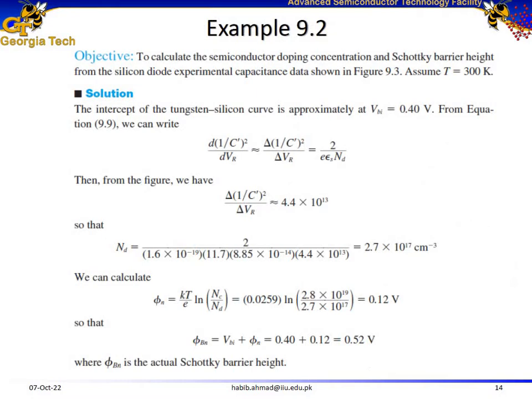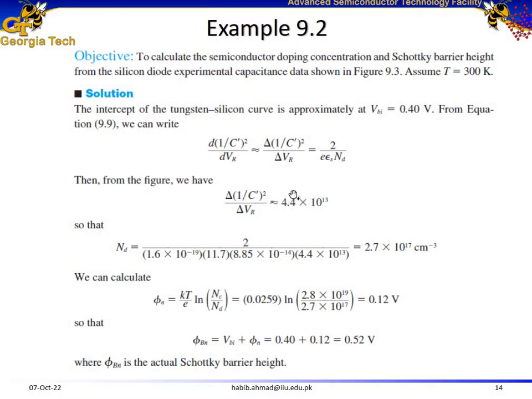Right, an example based on this as well. To calculate semiconductor doping concentration and Schottky barrier height for a silicon diode, experimental capacitance data is shown in figure 9.3. So as already discussed, just find the slope over here and then equate it to 2 divided by E, ES, and ND.